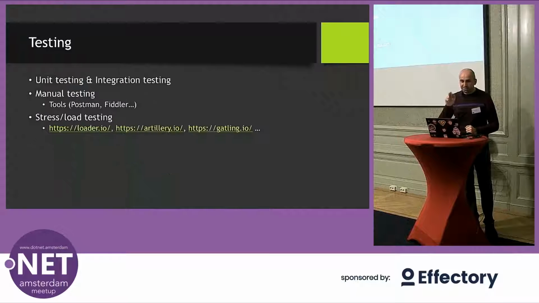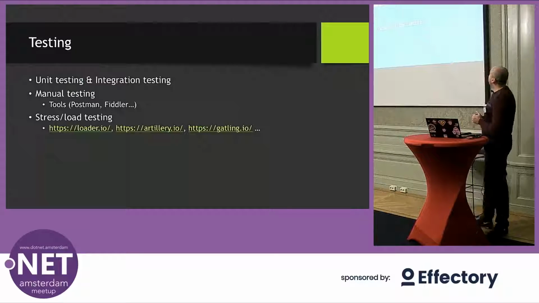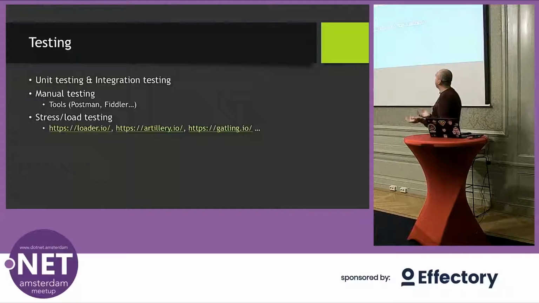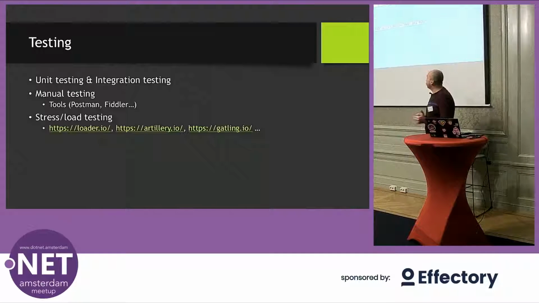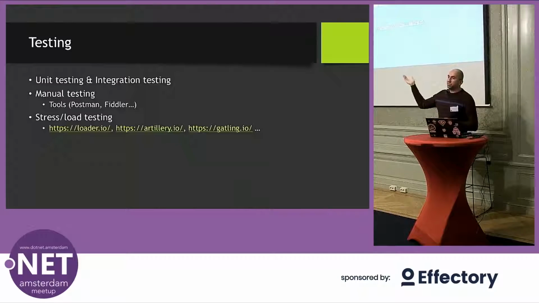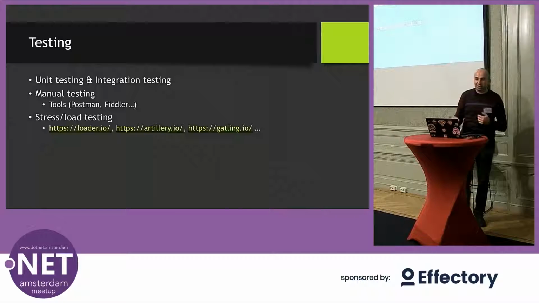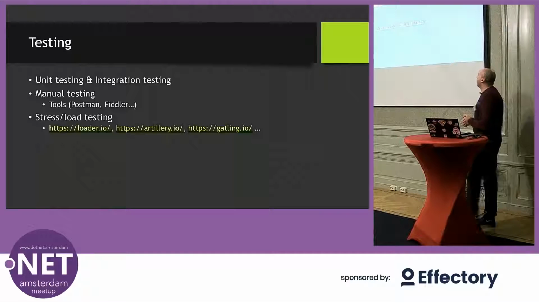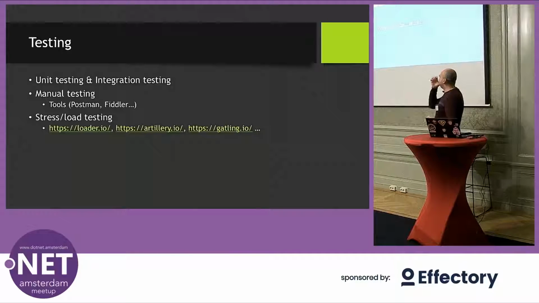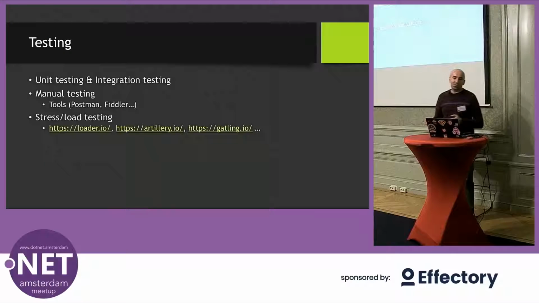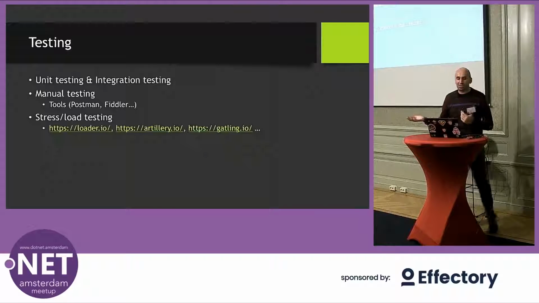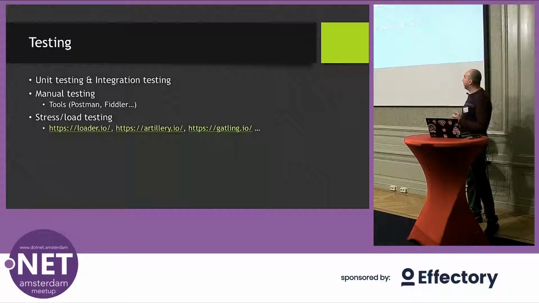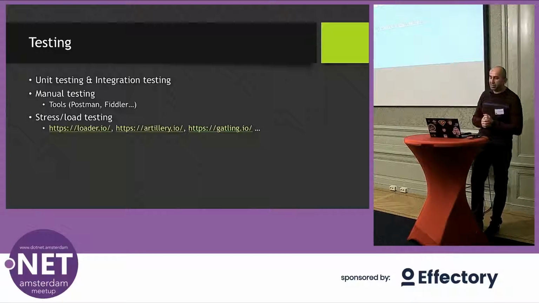Okay, next thing, testing. So we all know that testing is really important. There are different ways we can test our application, either doing automated testing like unit testing and integration testing. Of course, we never do enough of those. Then you'll have manual testing, whenever you need to quickly test something using tools like Postman, which we'll see a bit later, and Fiddler or something like that.